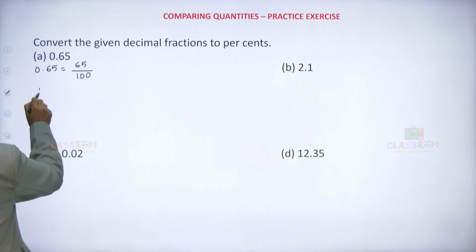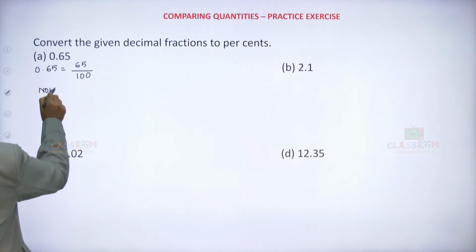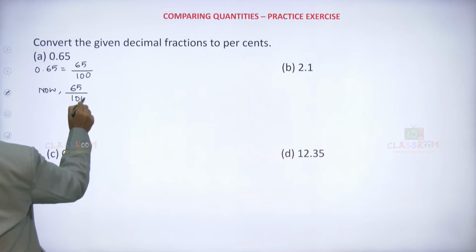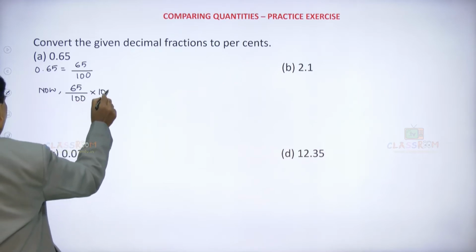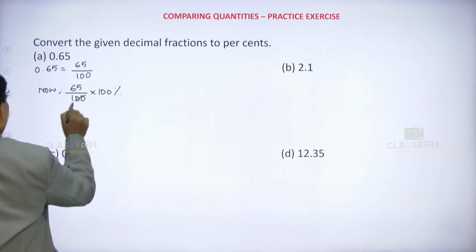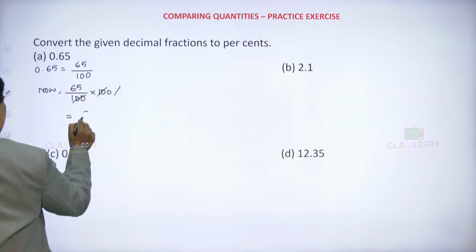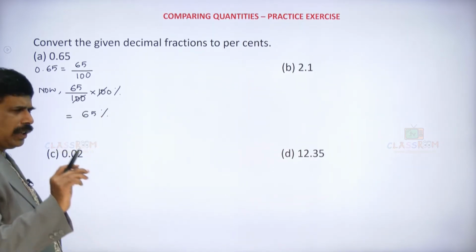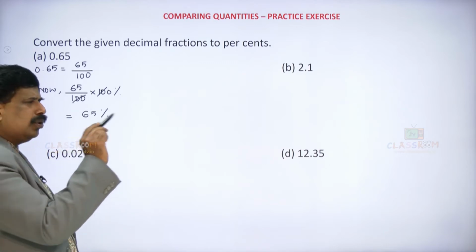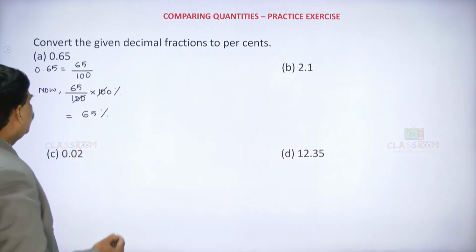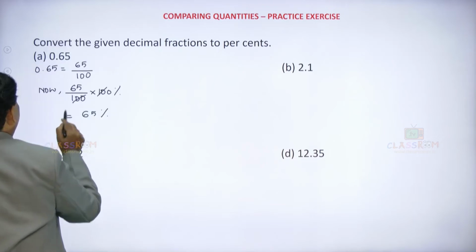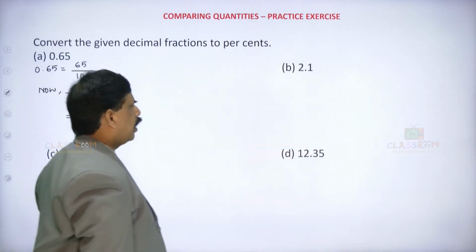So now we know how to convert this. 65 by 100 into 100%. 100 gets cancelled and the answer is 65%. Or the easiest way is to move the decimal point 2 places right, which we already learned. Clear?